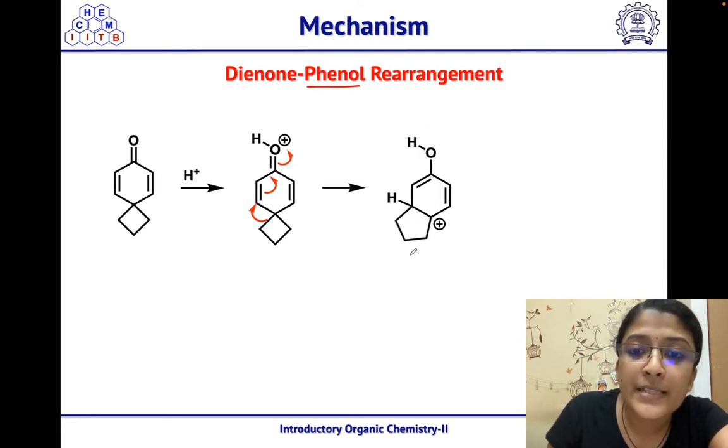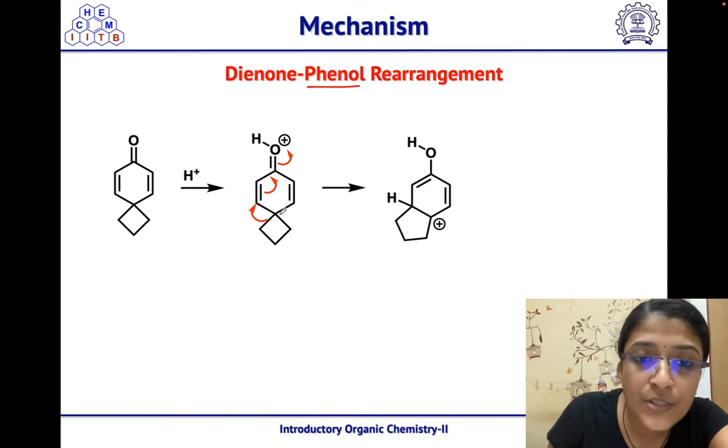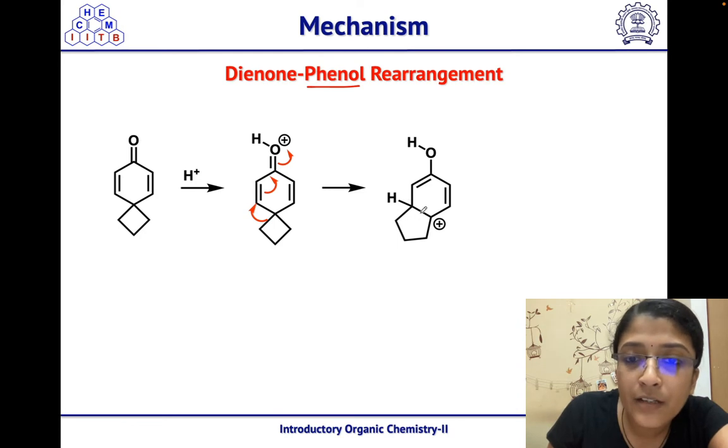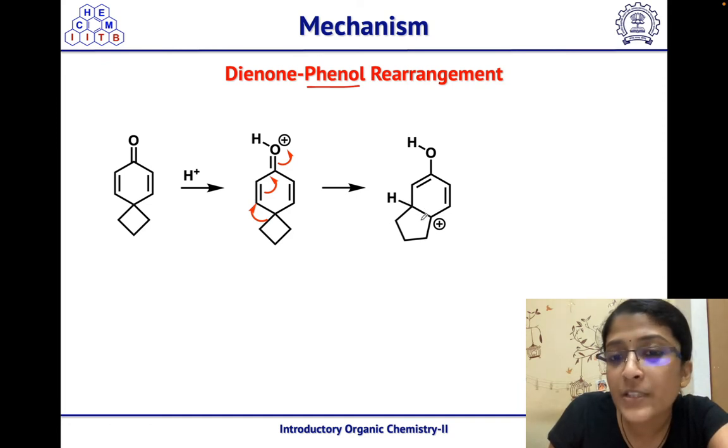So we will get a system like this, and because of breaking of this bond, a positive charge will be developed here. Now, in order to neutralize this positive charge, this hydrogen will be removed, and the driving force for that will be aromatization.